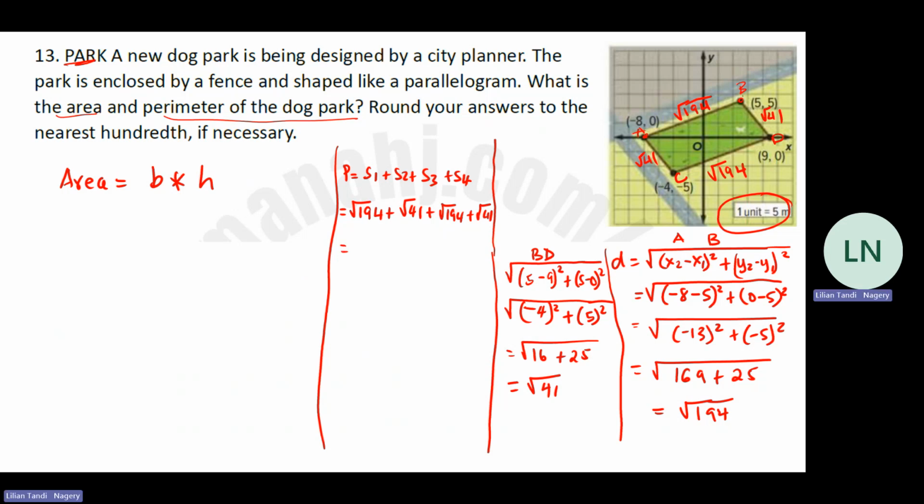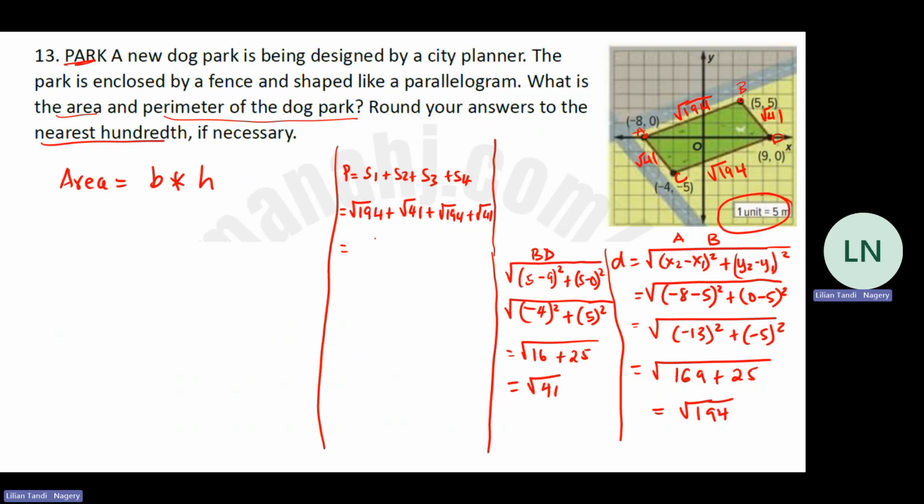If I put this in the calculator, square root of 194 plus square root 41 plus square root 194 plus square root 41, and then press SD because we're told to round our answer to the nearest hundredth.